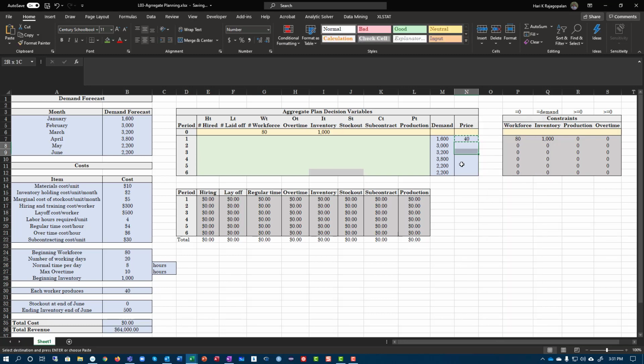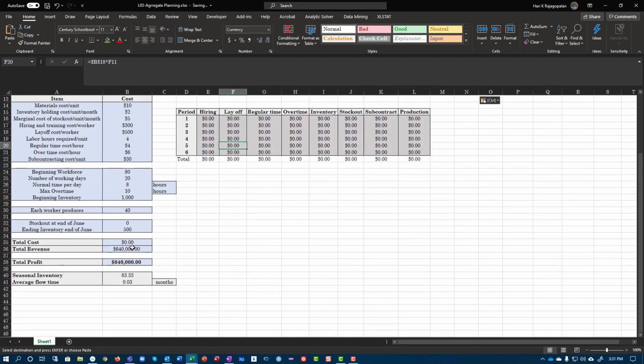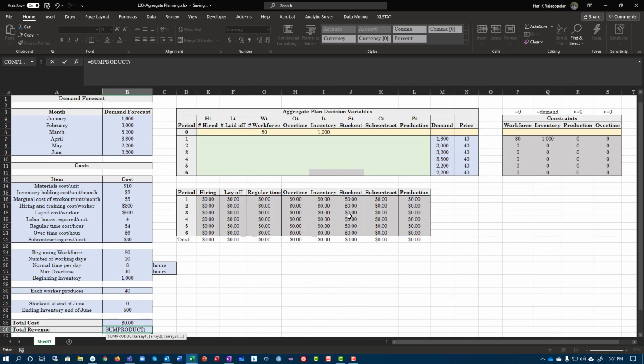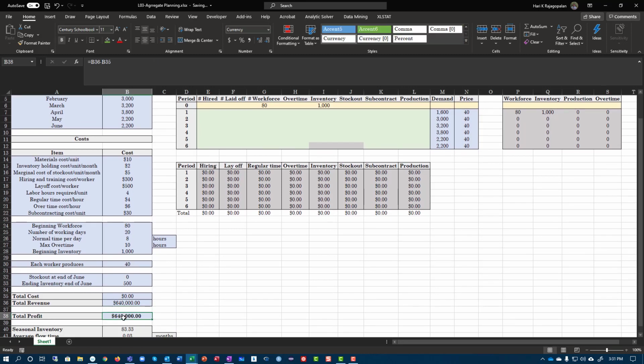So $40 here, and therefore you can use the SUMPRODUCT function of the demand, comma, price, which will give you the total revenue. Your total profit is revenue minus cost.